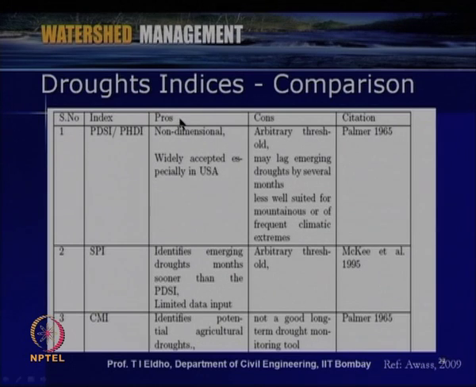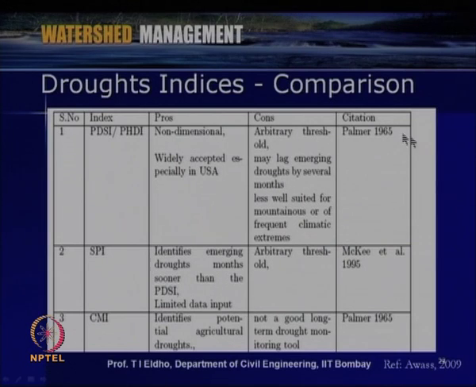Some of the pros and cons are discussed here. The advantages are that it is non-dimensional and widely accepted, especially in the USA. The limitations include that it is based upon arbitrary thresholds, may lag emerging droughts by several months, and is less well suited for mountainous regions or regions of frequent climatic extremes.